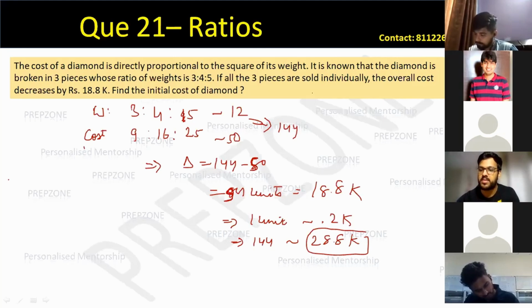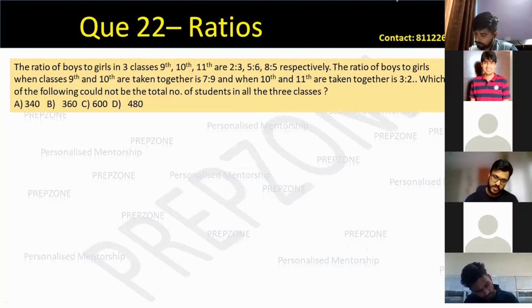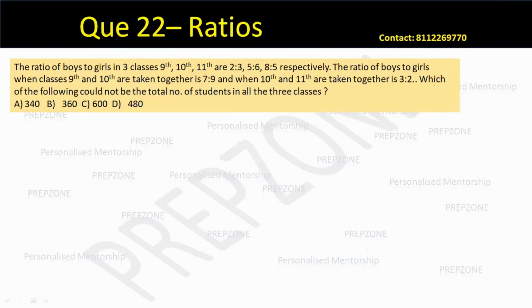Brings us to our last question for the day. Let's solve this one. Last question from ratios. What is given to us is, say this is A, this is B, this is C, okay? And ratio of boys to girls is given in class 9th, 10th and 11th, okay?